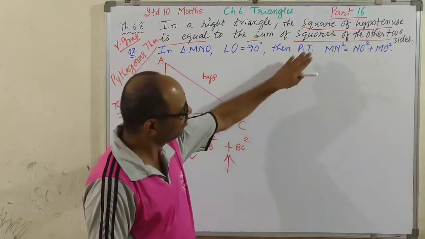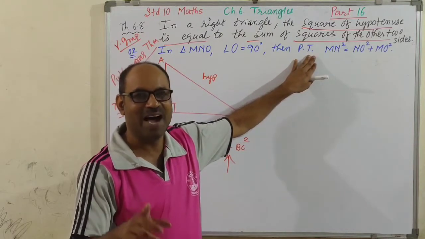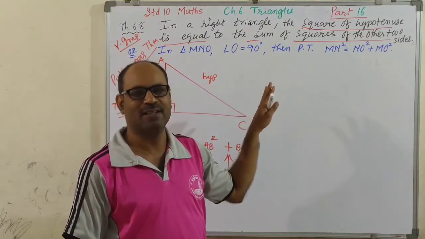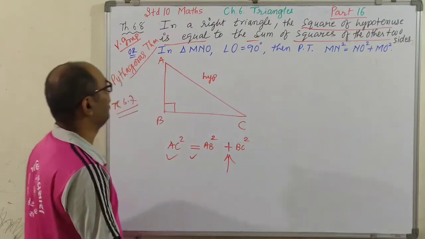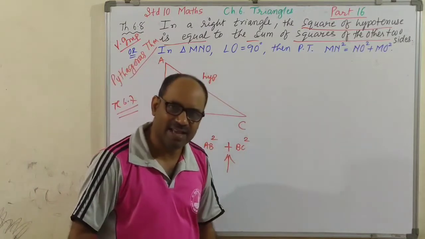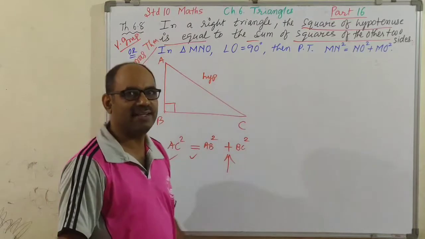Children, this was the statement asked in the board examination March 2020, and most of the students did not understand. I don't know why. Because only this, instead of ABC, the triangle given is MNO, and instead of B is right angle, angle O is 90.